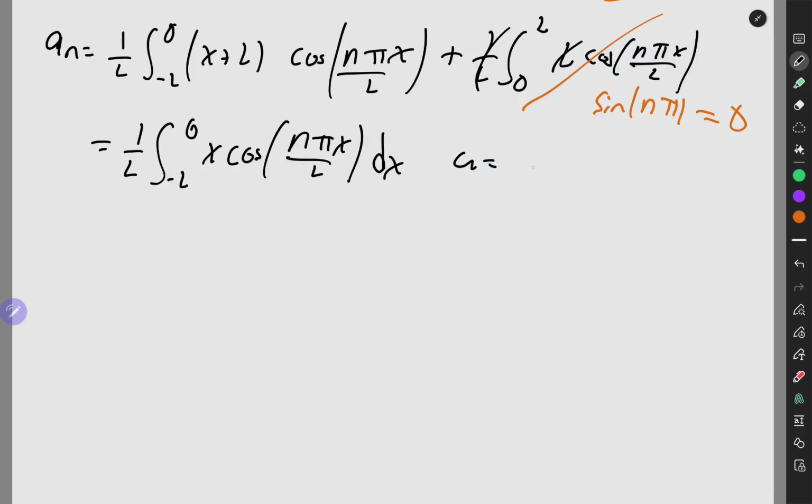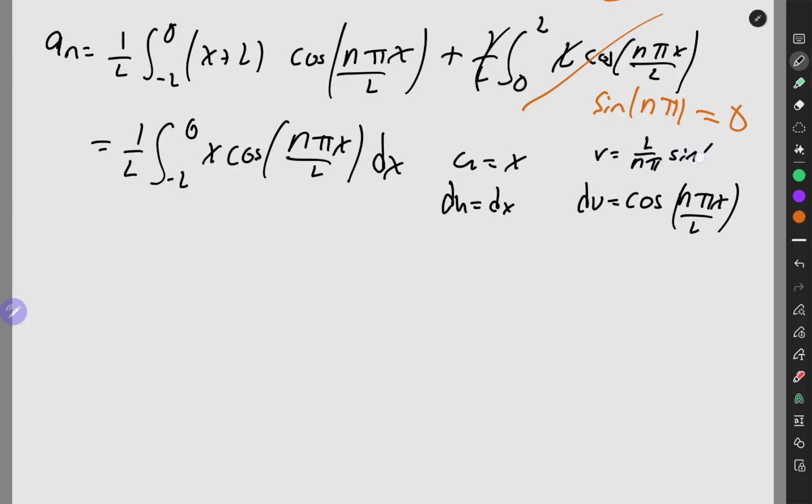This would be integration by parts: L over n pi sine of n pi x over L.